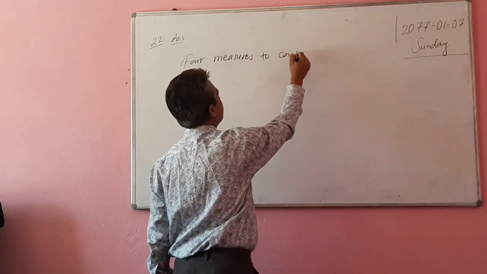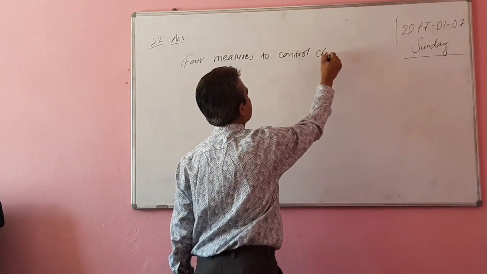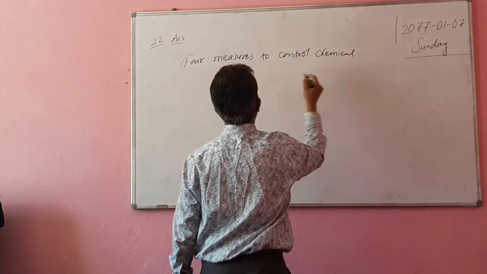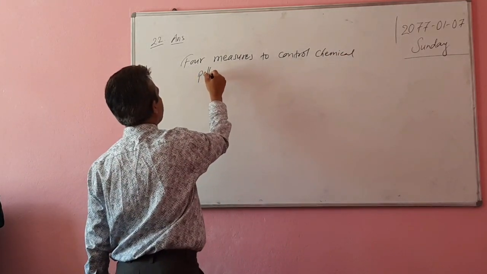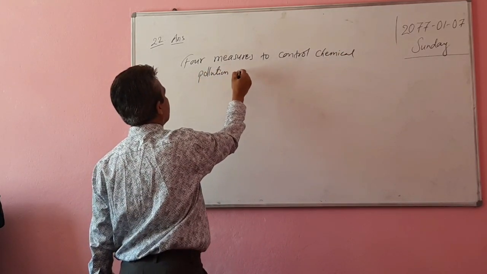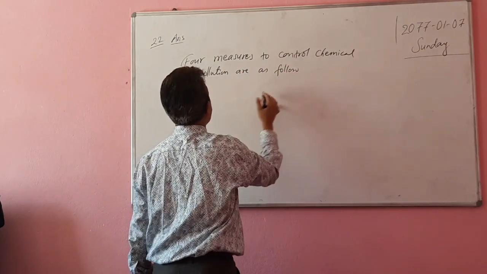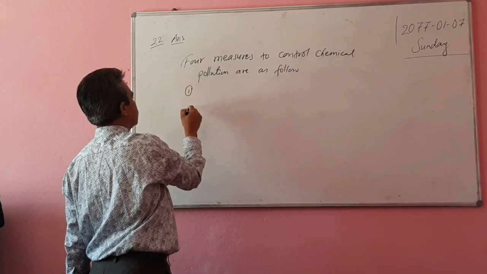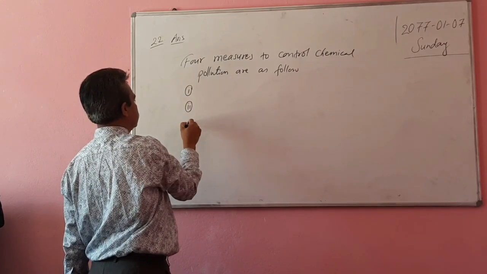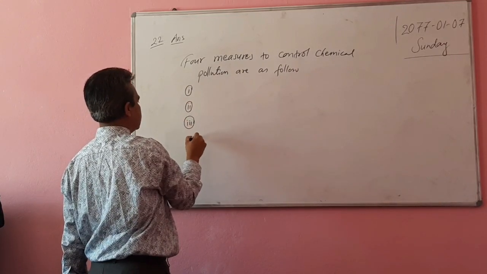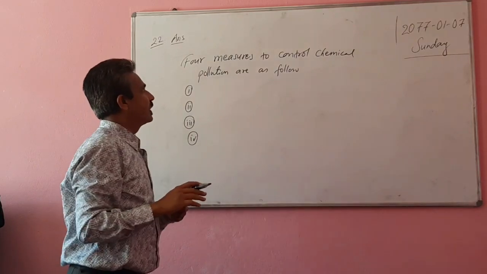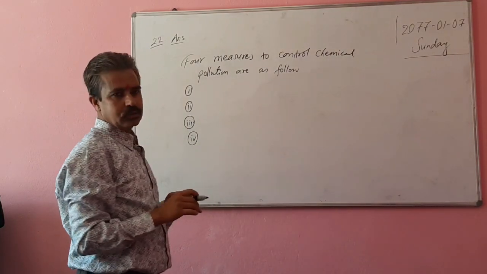to control chemical pollution are as follows. 4 measures to control chemical pollution. So what are they?